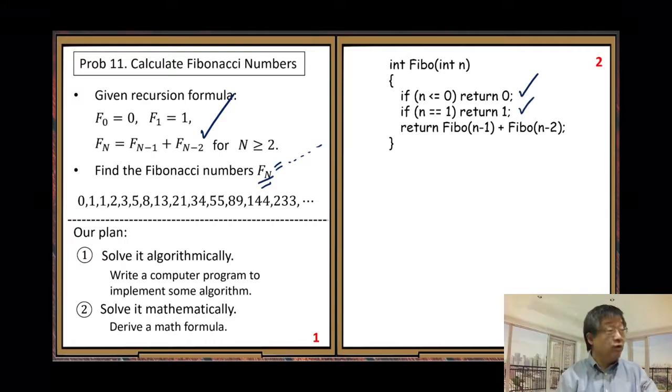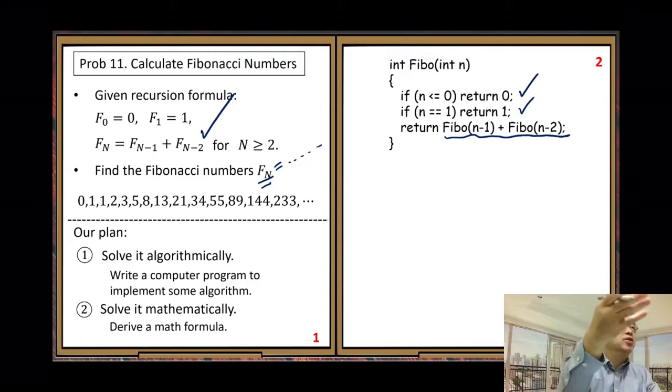Trivial, right? Two trivial cases. Then the main non-trivial case, return the value expression represented using the recurrence relation: Fibo of n minus 1 plus Fibo of n minus 2. How simple it is, right? How easy it is, right?